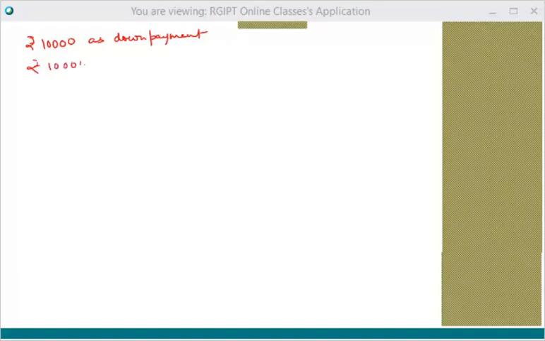Rupees 10,000 installment for 4 years. With an interest rate of 8%, find its present value.